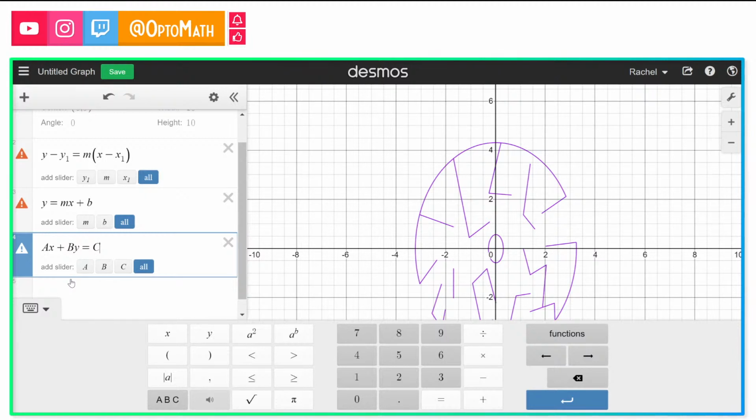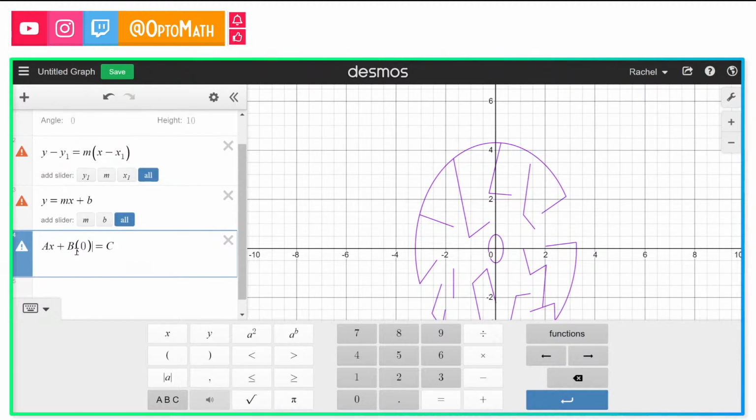One thing that is pretty quick to do with the standard form is to find your x and y intercepts. So an x-intercept always occurs where y is 0. So if you put a 0 in for y, then your x-intercept is going to be c divided by a, because you would just solve that equation for x.